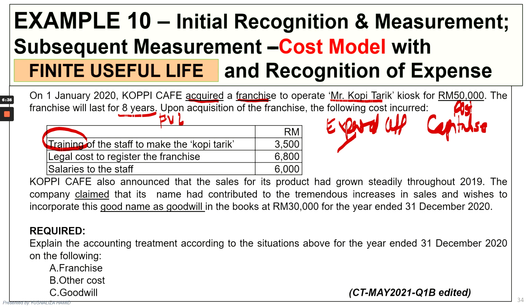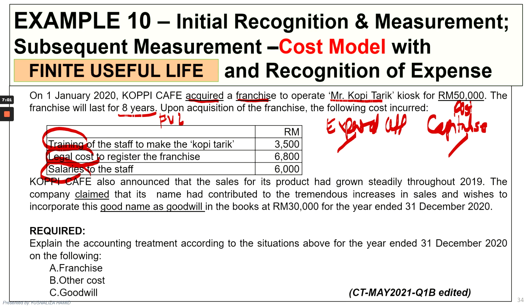However, the legal cost to register the franchise is to be capitalized. This is the cost that is necessary, under directly attributable costs. You need that to prepare the intangible asset for its intended use. Salaries to the staff. Salaries are operating expenses.